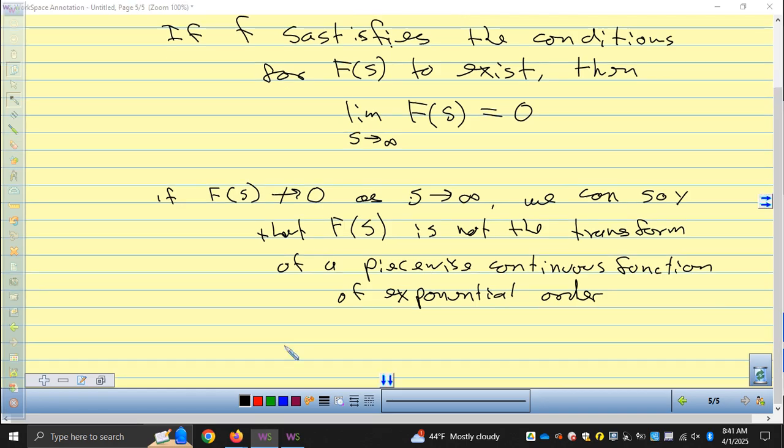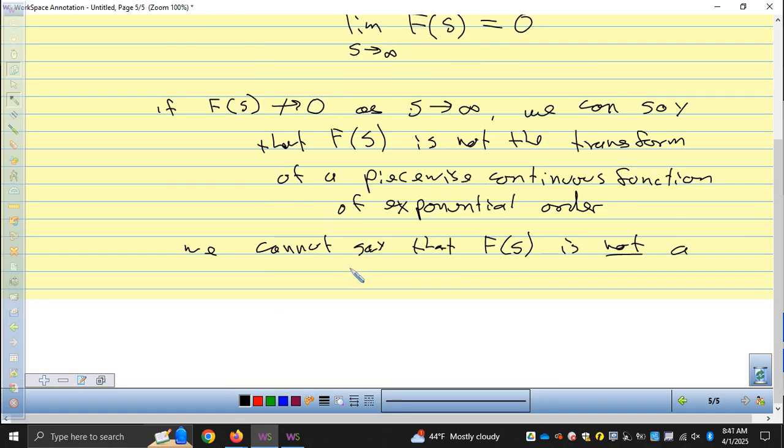We cannot say that f of s is not a Laplace transform of some function.